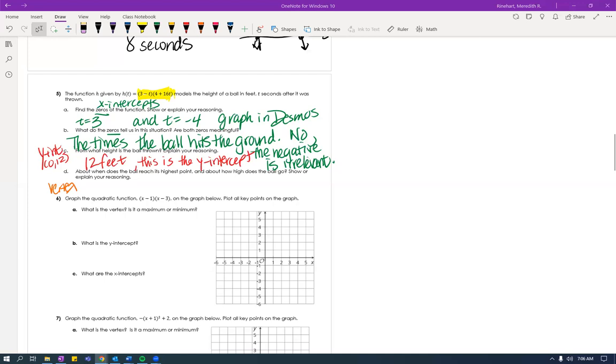And again, just make sure when you're typing into Desmos, don't use t, use x instead. It does mess it up.